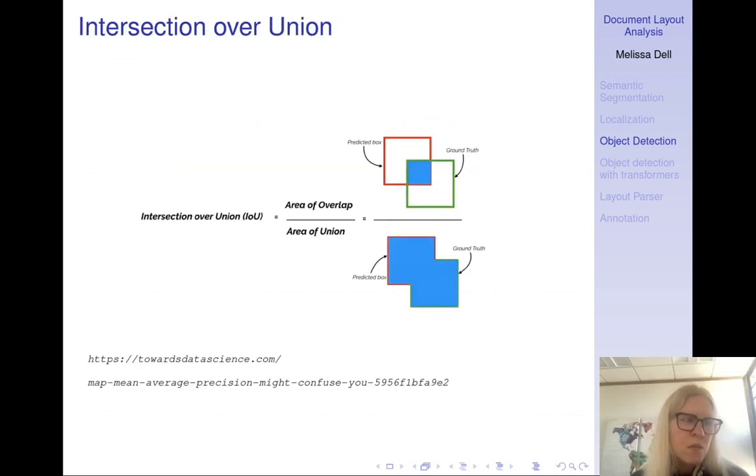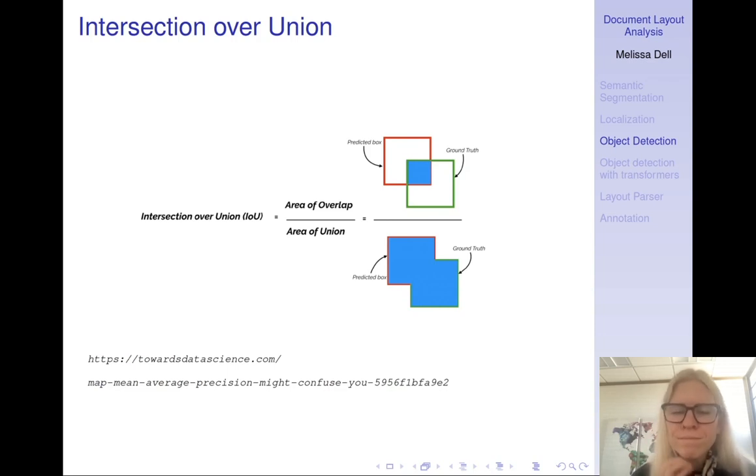Another thing that we need to note is that intersection over union is just the intersection between two proposals, say your predicted proposal and the ground truth, over the union of them. And we need to evaluate mean average precision at a certain intersection over union, right?